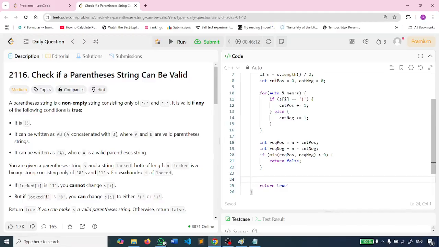Otherwise, we definitely have enough question marks. This is just maths: 2n minus whatever is fixed, that many question marks are there. So we can assign the left amount of question marks with this positive and the right with the negative. Yeah, so now let's go through this again.